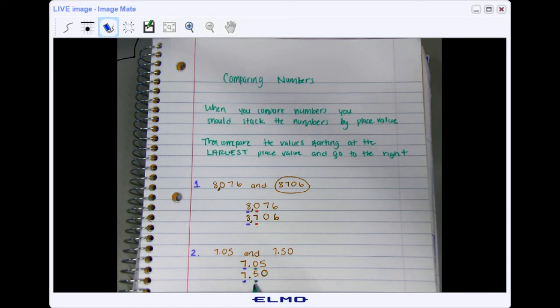So right away, I know that 7 and 50 hundredths is larger than 7 and 5 hundredths because the 5 in the 10th place in 7 and 50 hundredths is bigger than the 0 in the 10th place in 7 and 5 hundredths. So we don't even need to go to the next place value. We stopped at the 10th place and we were able to figure out which number was bigger.